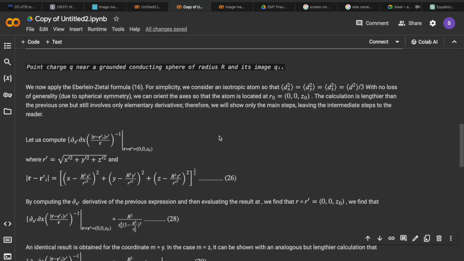This analysis not only deepens our understanding of fundamental concepts, but also has practical applications in electrostatics and quantum mechanics also. In summary, by studying the interaction between an atom and a grounded conducting sphere, we gain valuable insights into the complex interplay between electric charges and boundaries, contributing to our broader understanding of electrostatics and its applications.